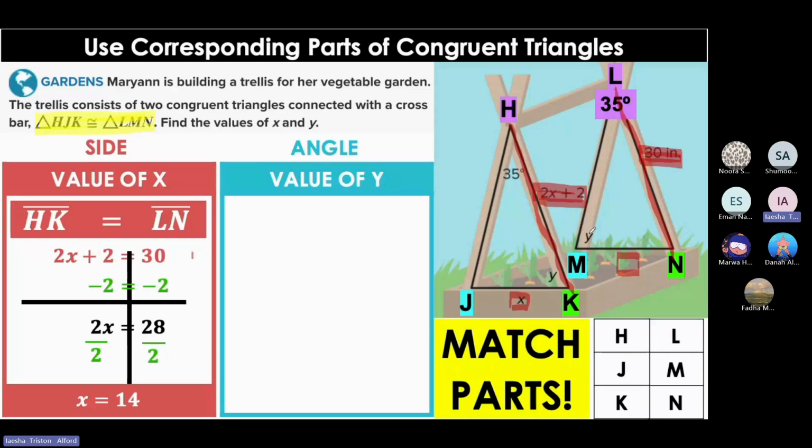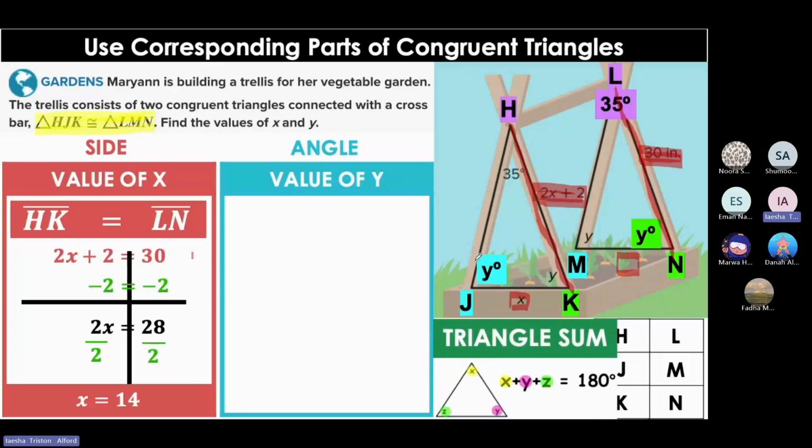If K is Y, what should be in N? Y. If M is Y, what should be J? Y. So once you fill in the inside, it will help you remember that you need to use triangle sum. 3 inside is equal to 180.